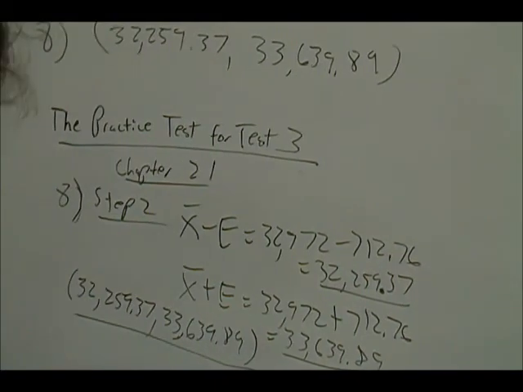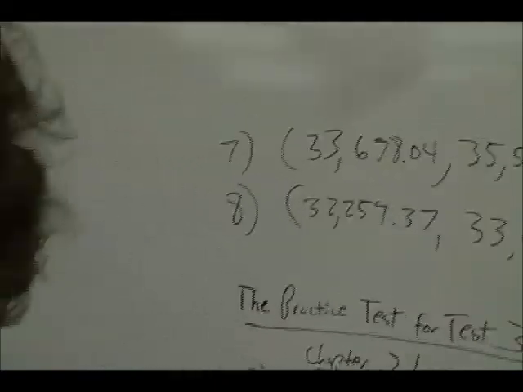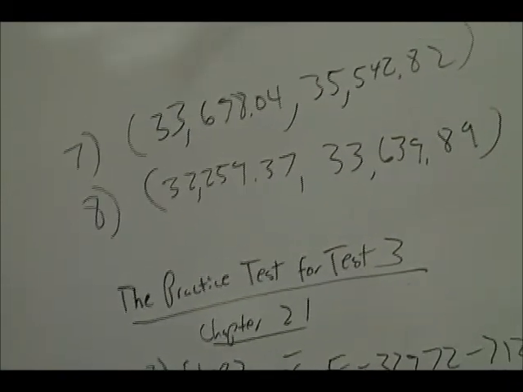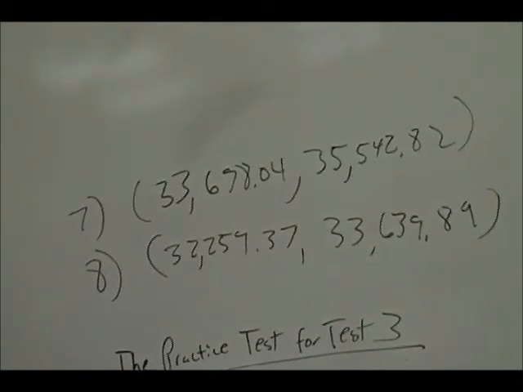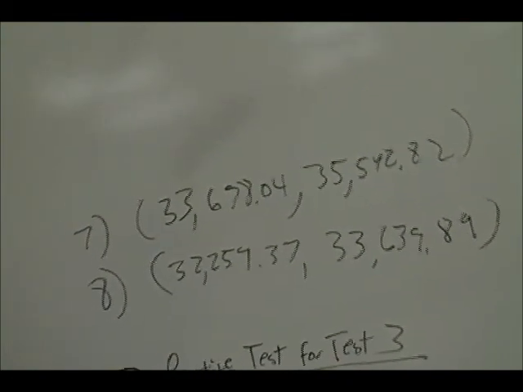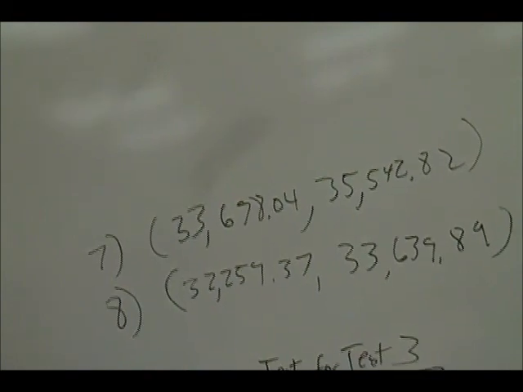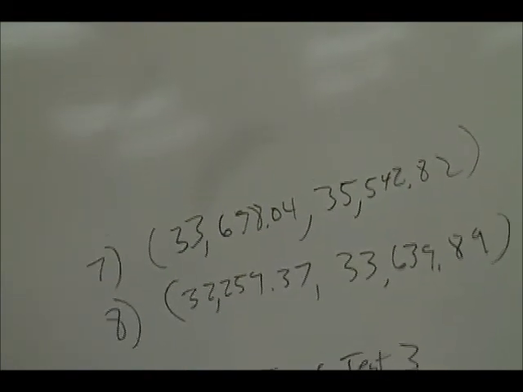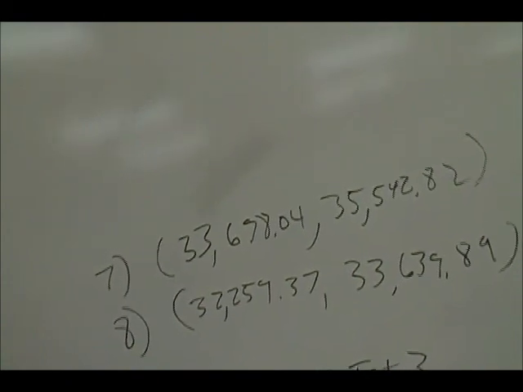Oh, here. There's the two intervals. Okay. And what you see is if you look at the interval from problem 7 and the interval from problem 8, the largest number in the interval for problem 8 is smaller than the smallest number in the interval for problem 7.